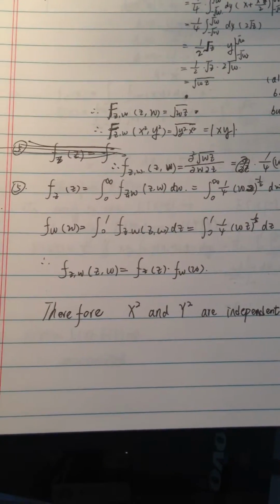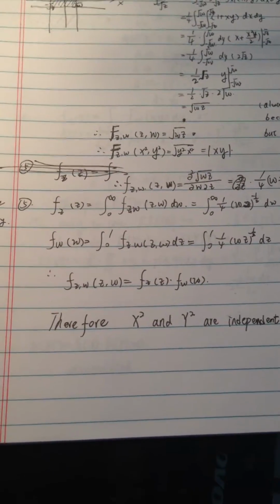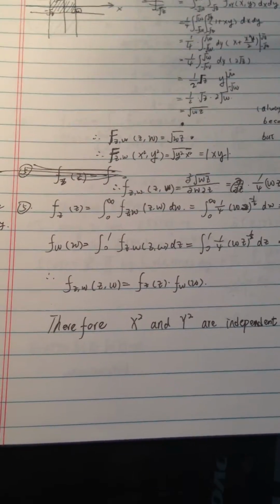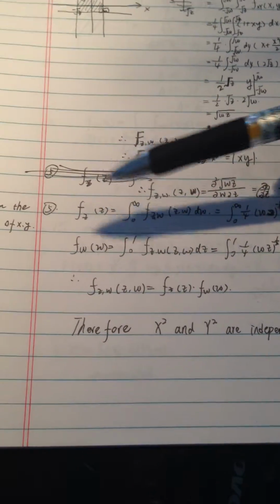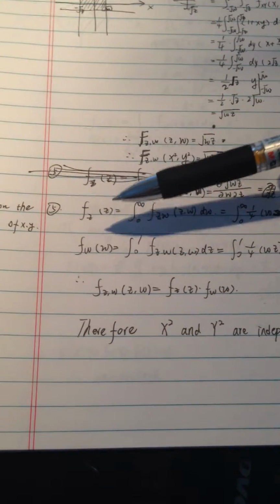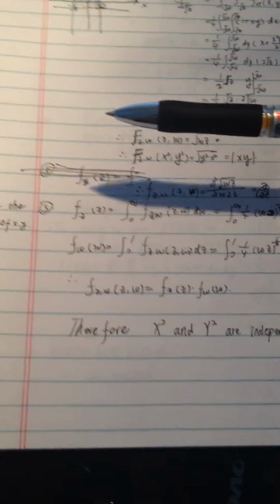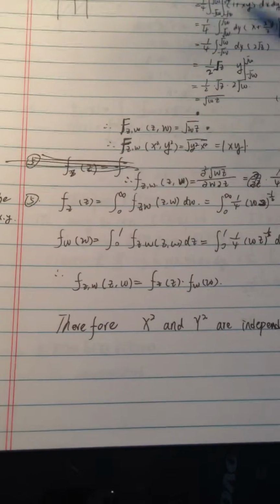And in the last question, we also need to figure out whether these two new functions are independent. So the best thing to do is to check whether the product of the two new random variables' PDFs equals the joint function.